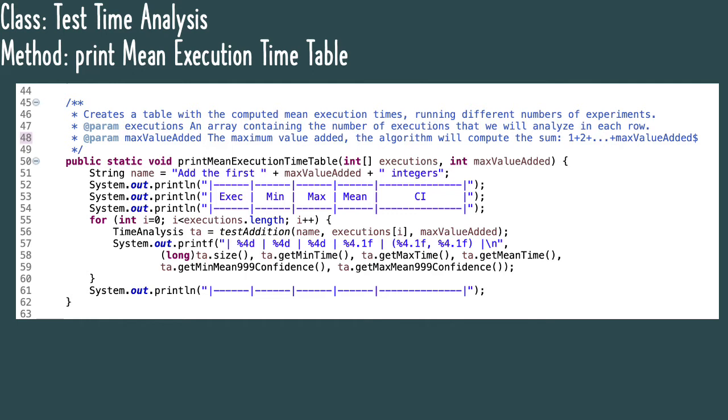But it will also show the confidence interval with 99.9% confidence, in order to see how sure we are that this is the mean of our population. And after we did all of this, we put the footer for our table to finish the table.